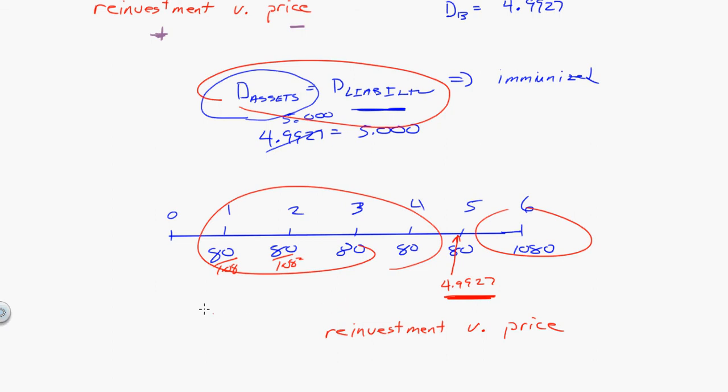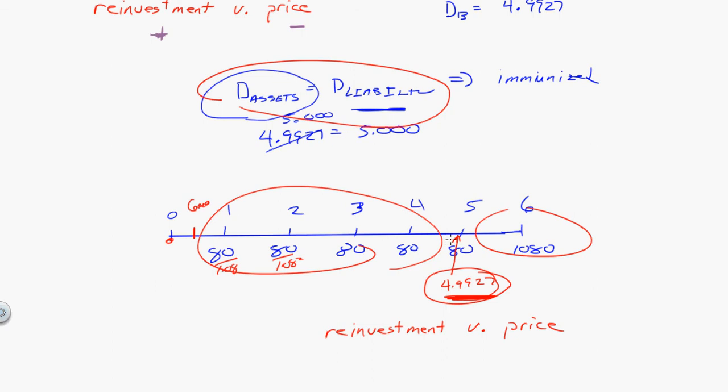Here's the one flaw, the one realistic flaw. What happens to duration over time? So we're starting here at time 0, and we're pretty close to being perfectly immunized at 4.9927. But as soon as some time goes by, so we're at 6 months, what's happened to the duration of this bond? It's shorter.